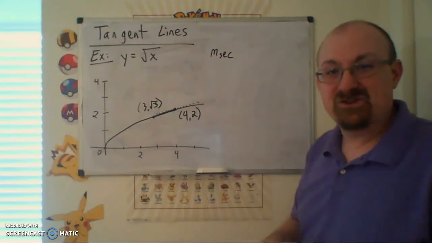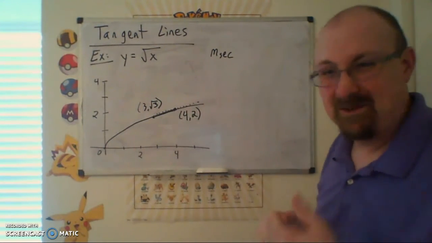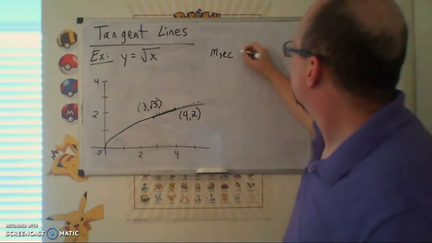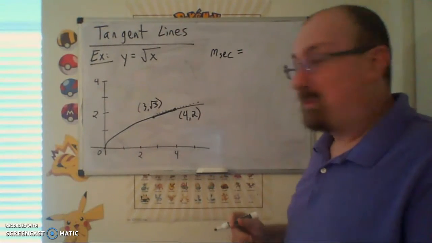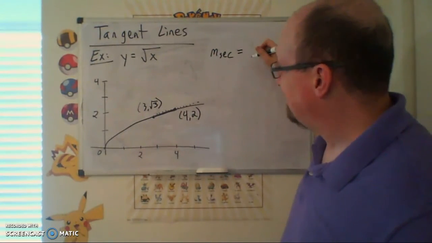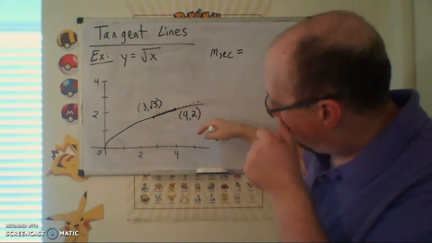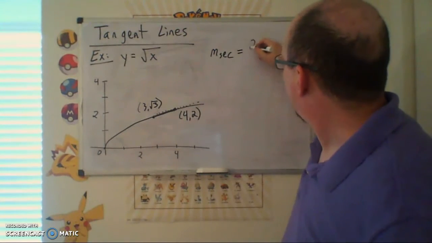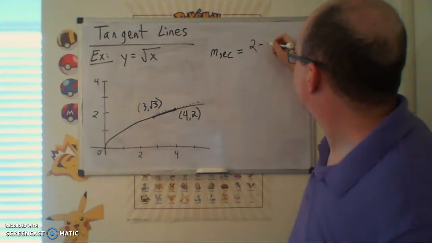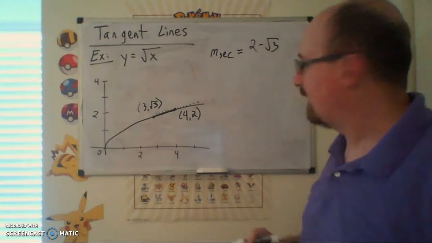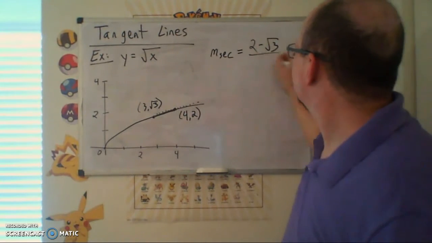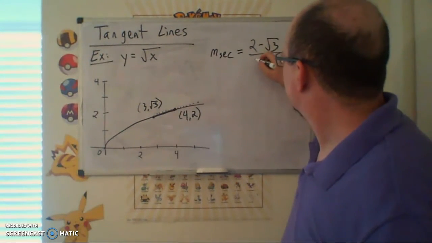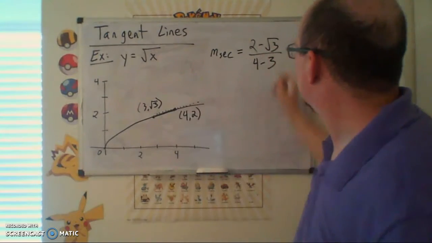I like to use m for slope, and that sec is like a subscript for secant line. So we're trying to approximate here. Well, we have the change in y, so I'll use my y coordinate here minus that y coordinate there. So we have 2 over the square root of 3, divided by 4 minus 3.